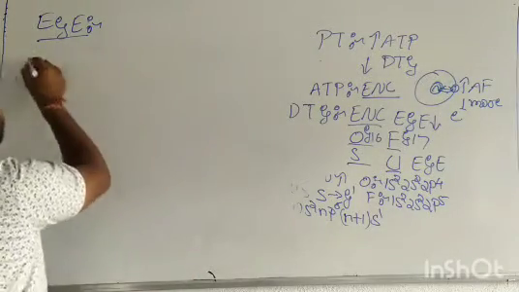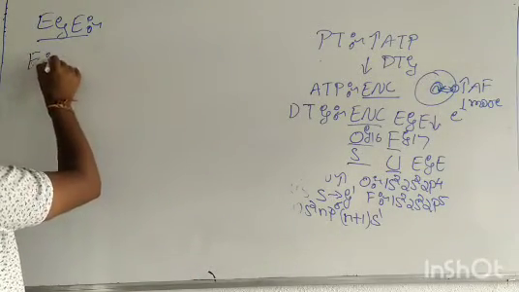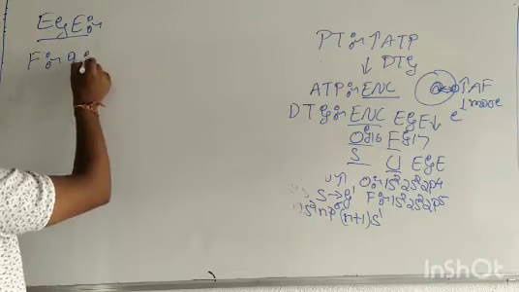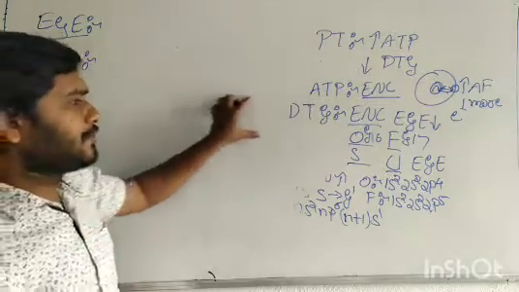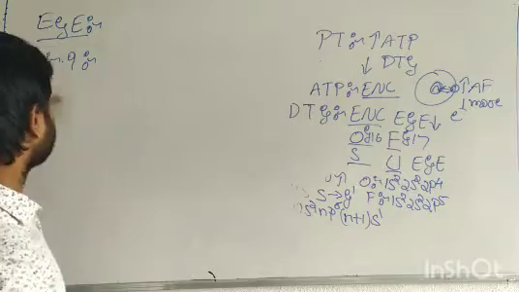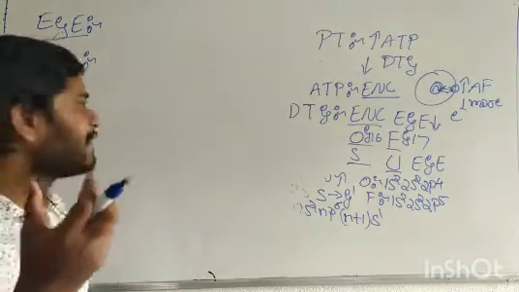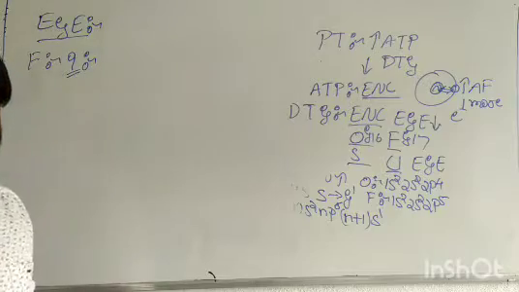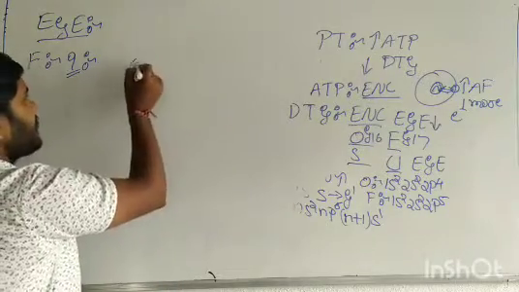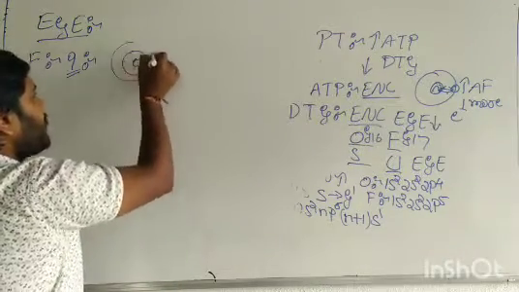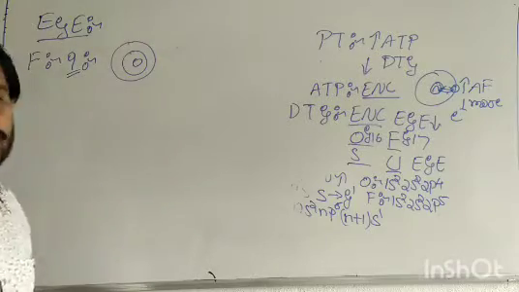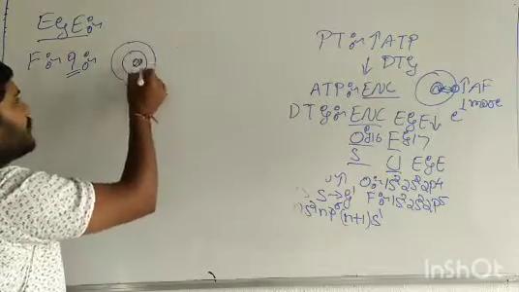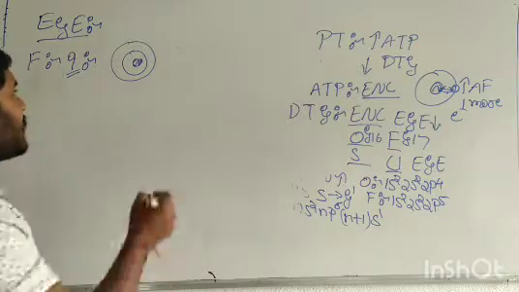That means fluorine has the smallest size with more electrons, and those electrons are very near to the nucleus.